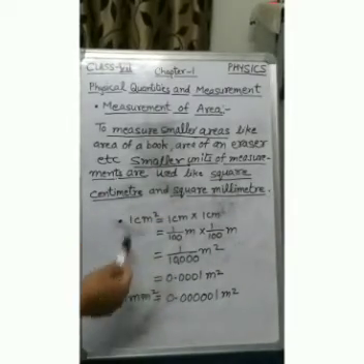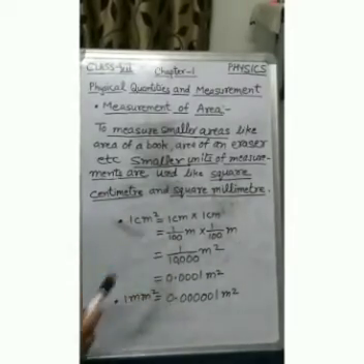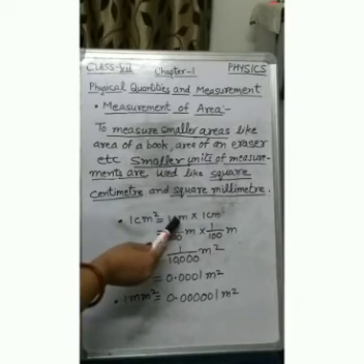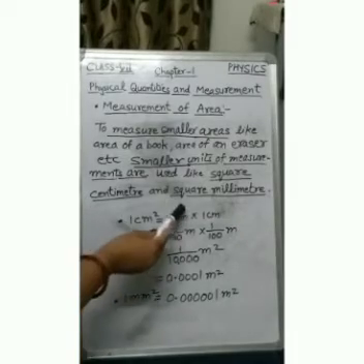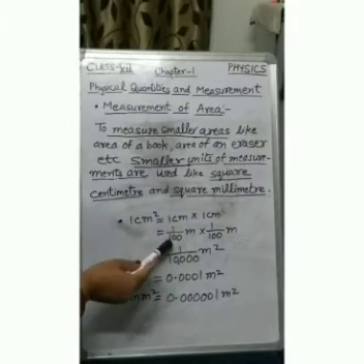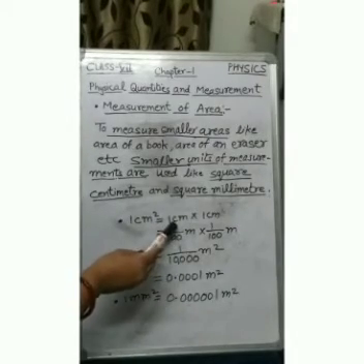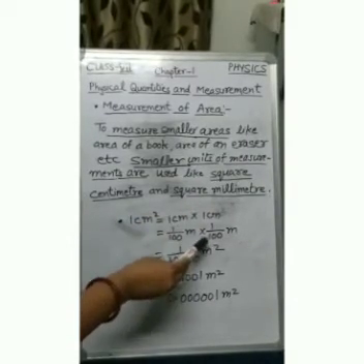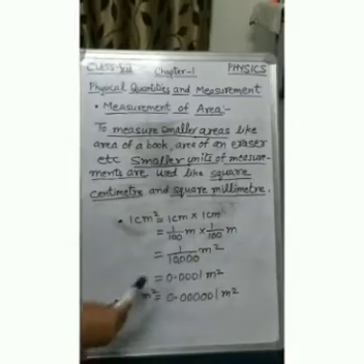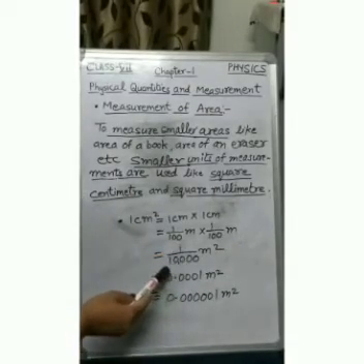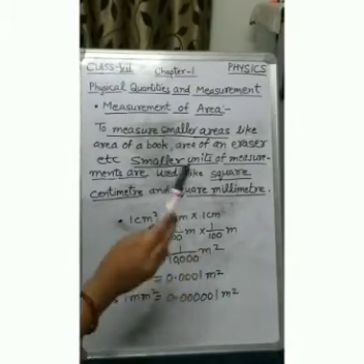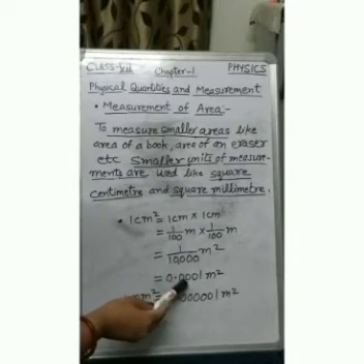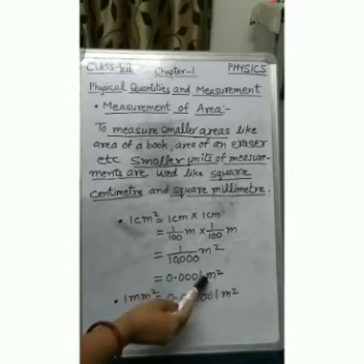The relationship between these units are 1 square centimeter is equal to 1 centimeter into 1 centimeter, and we can write 1 centimeter is equal to 1 upon 100 meter. So 1 centimeter into 1 centimeter is equal to 1 upon 100 meter into 1 upon 100 meter, and it will become 1 upon 10,000 square meter, and we can write it 0.0001 square meter.